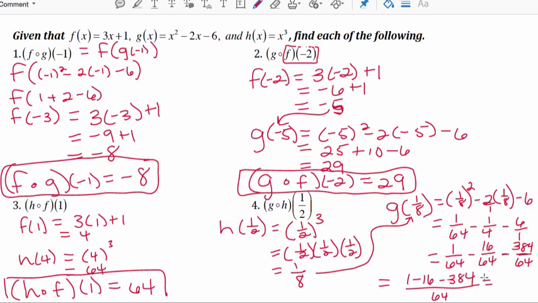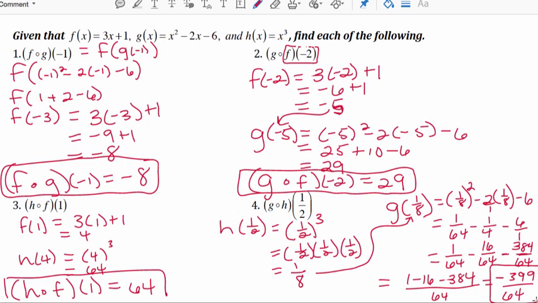And then we do 1 minus 16 minus 384, and you get negative 399 over 64. And I'm kind of out of room here, so I'm just going to box off my final answer. G of h of 1/2 is equal to negative 399 over 64, and that is your final answer.